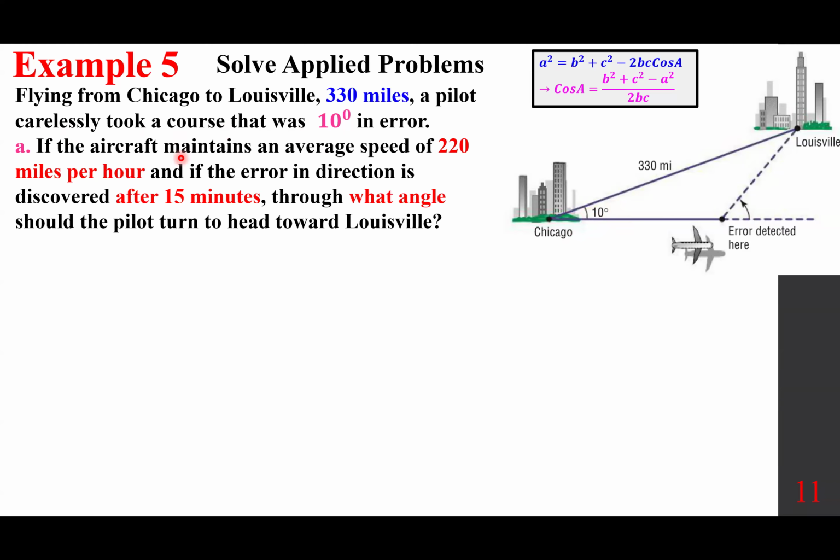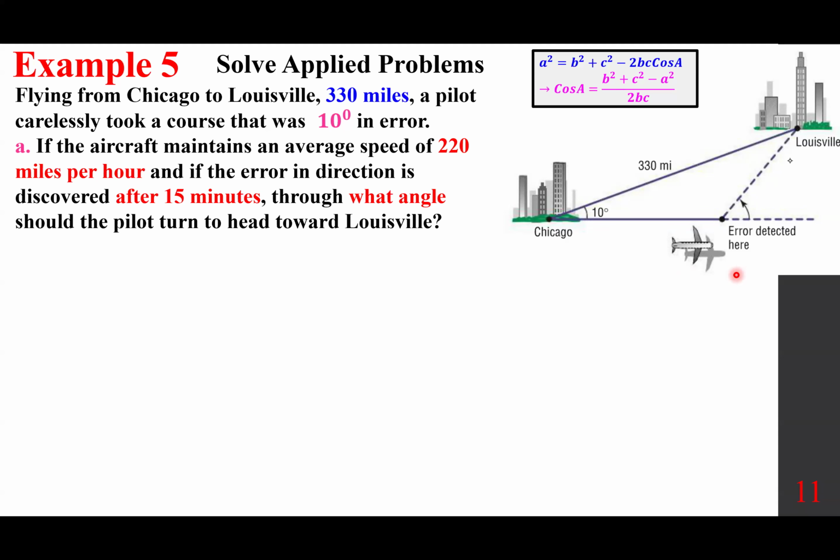If the aircraft maintains an average speed of 220 miles per hour, and if the direction is discovered after 15 minutes, so we are going to go for 15 minutes at 220 miles per hour, then through what angle should the pilot turn to head toward Louisville? So to fix the problem.